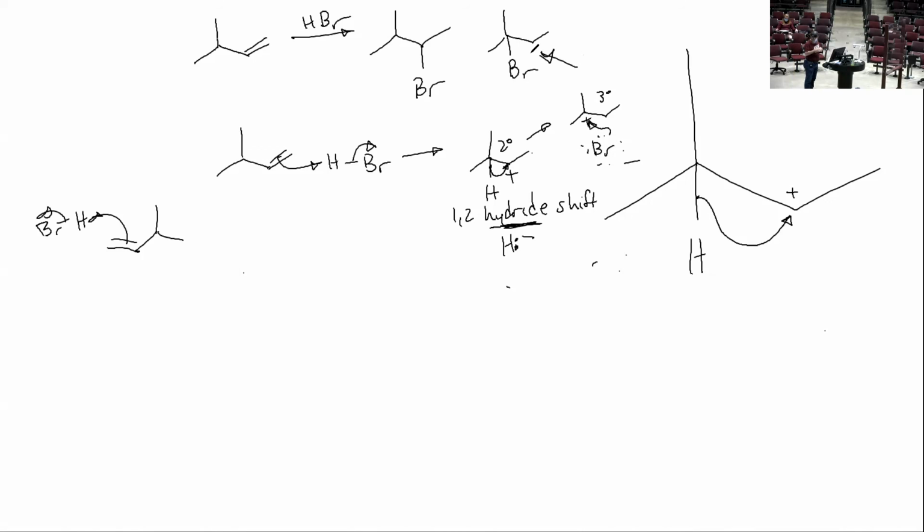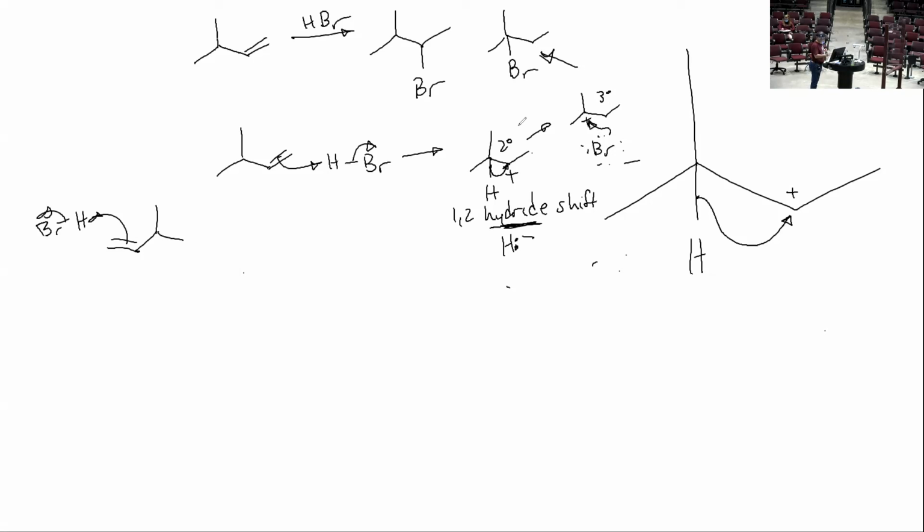It's not something you'll have memorized with rules beforehand. There's no way to do it by memorizing rules. You need to look at what you're given, even if it's a structure you've never seen before, and ask that question: is there any way to move something over from an adjacent carbon so as to give me a more stable, a more substituted carbocation?